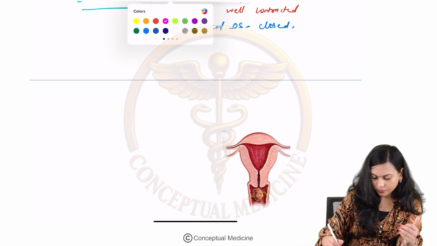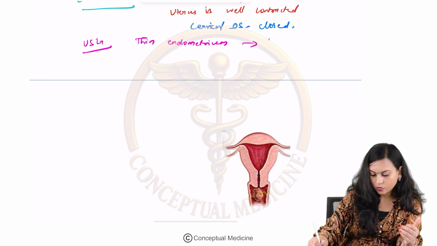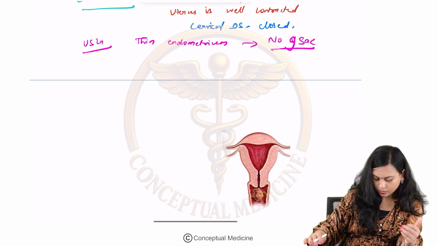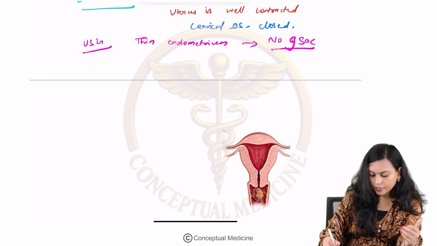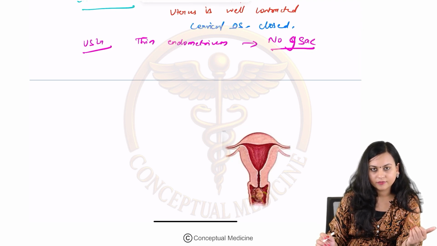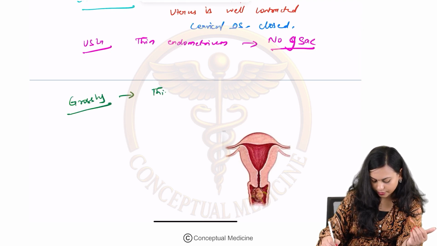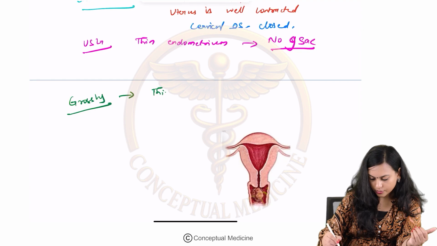Now when you do ultrasonogram, there will be a thin endometrium only, and you will not appreciate even a G-sac. So how will you confirm that a gross expulsion has happened? Yes, you have to confirm it grossly, and you have to check for the products of conception.